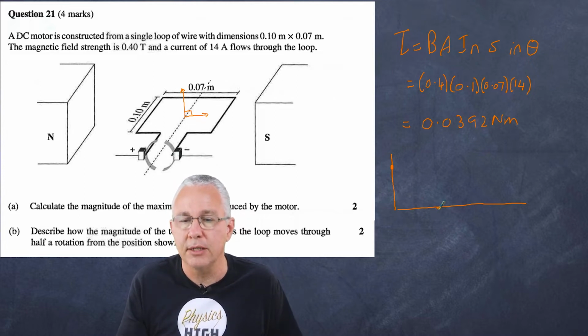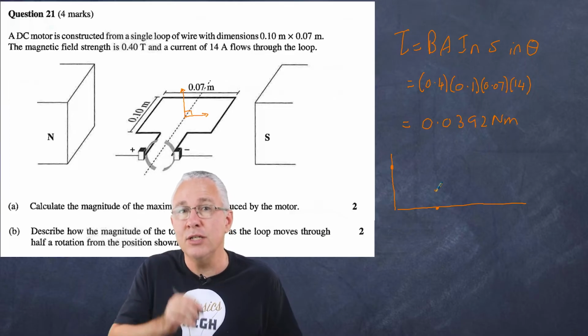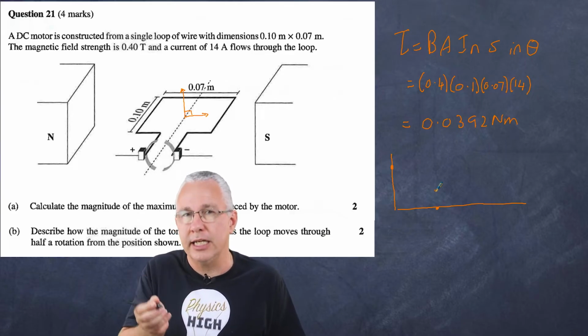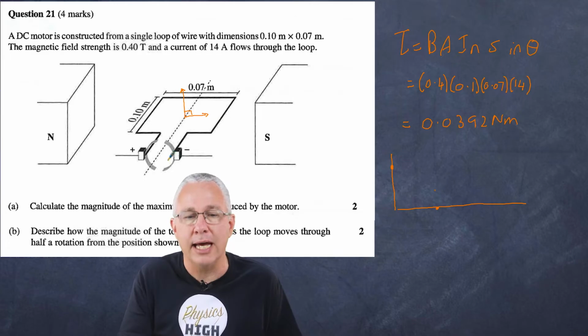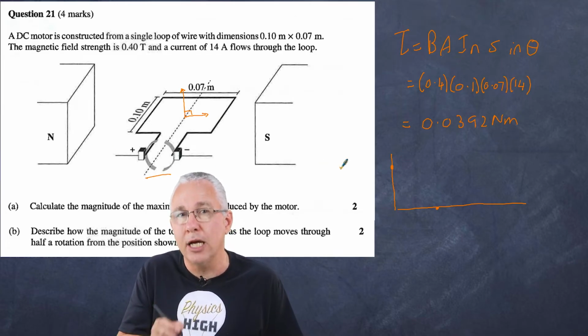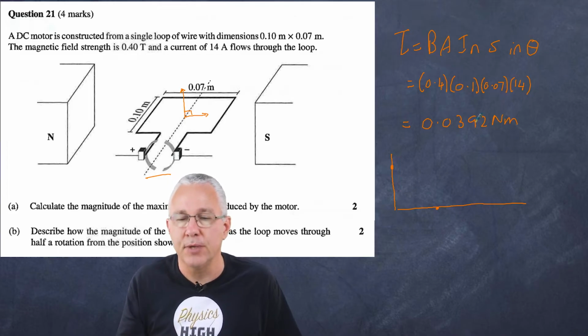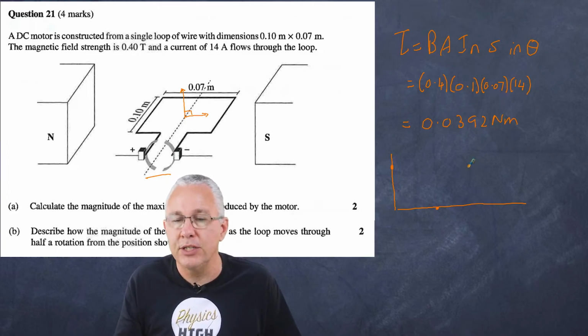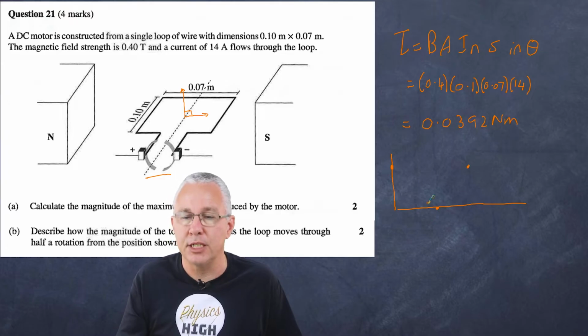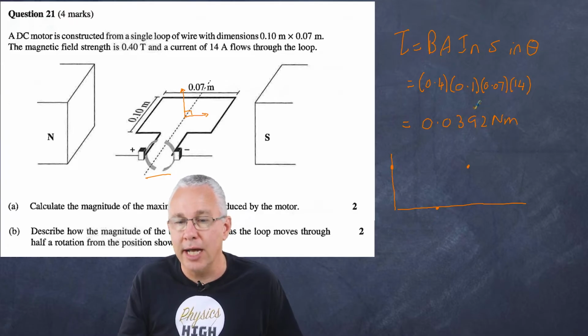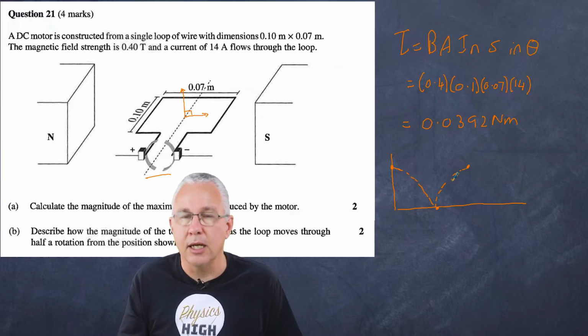So it's going to drop down to 0, and then as it continues to turn, it's going to go in the negative direction. However, we have a commutator here, and so that means that the torque will remain going in the same direction, and so as a result it's going to reach a maximum again up at this point. Now, being a sine relationship, we're going to get a sine component curve that looks something like this.